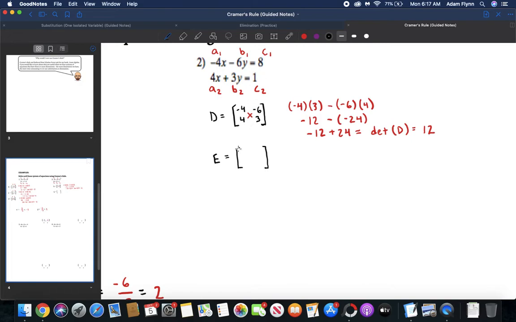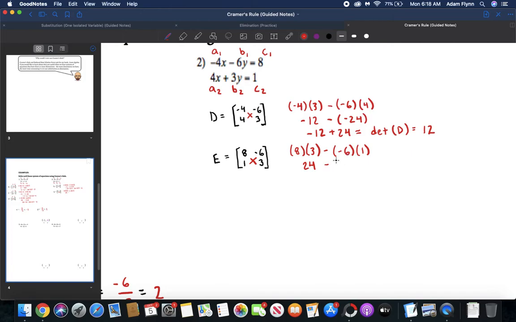So I'm going to have C's in my first column, so 8 and 1. And I'll have B's in my second column, or my right-hand column, so negative 6 and 3. To find the determinant, I'll do AD minus BC. So A times D is going to be 8 times 3 minus negative 6 times 1. 8 times 3 is going to be 24.